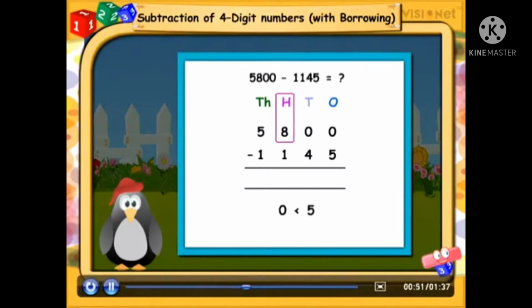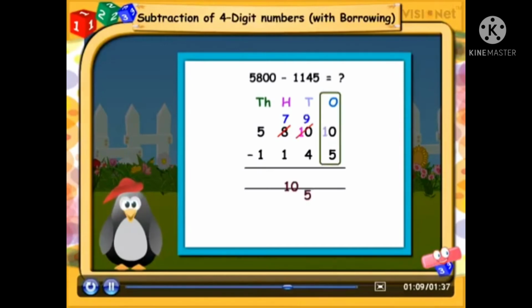Because hundreds place has 8, we borrow tens from the hundreds place, hence the hundreds place has 7 and the tens place has 10. We now borrow 10 from the tens place for the units place and the tens place becomes 9.